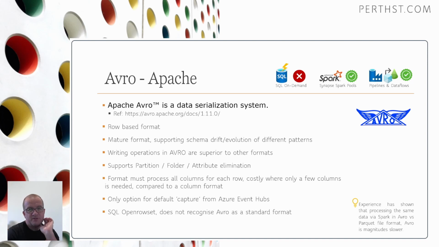It supports schema drift or evolution, and its writing operations into Avro are far superior to other formats. It supports partitioning, so folder and attribute elimination, and the format must process all columns for each row. It's costly when only a few columns are needed compared to a columnar file type.